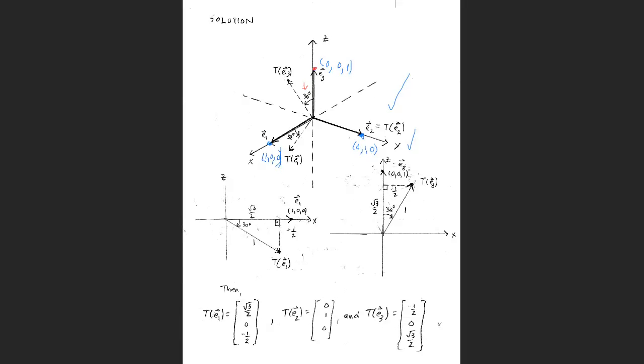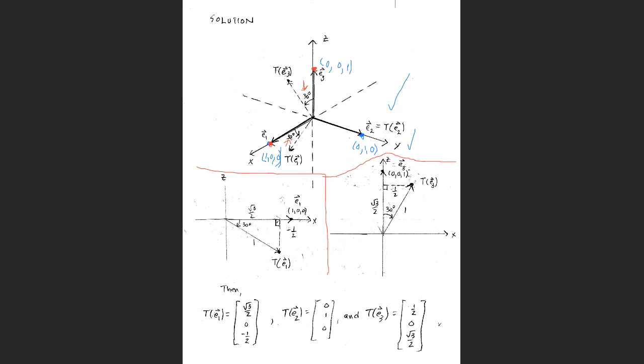And the E1 vector also gets rotated 30 degrees counterclockwise. What I've done here is draw two separate pictures to help you understand the transformation.